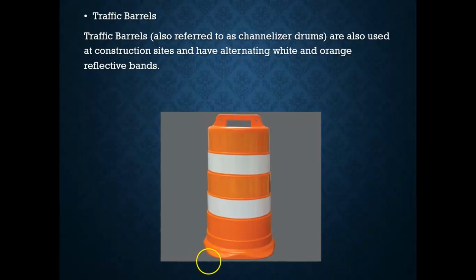Most have handles on top for easy pickup, which makes them quite easy to carry and lift from one place to the other. As I said, they are used at construction sites and have alternating white and orange reflective bands, as you can see from this picture.